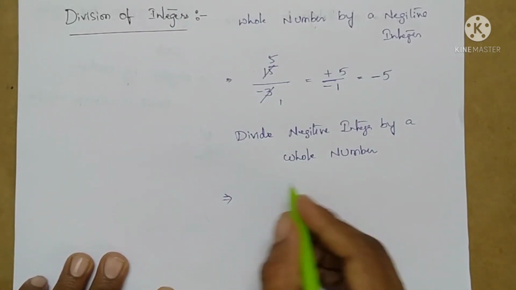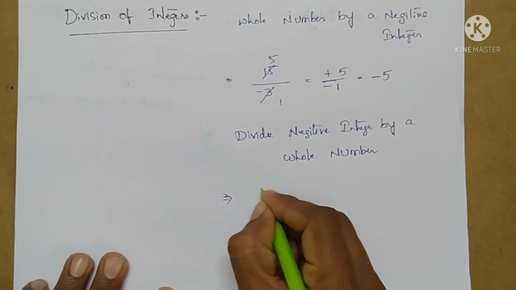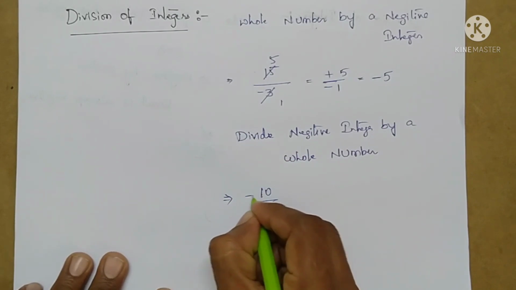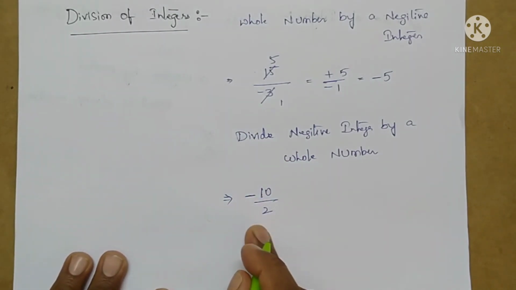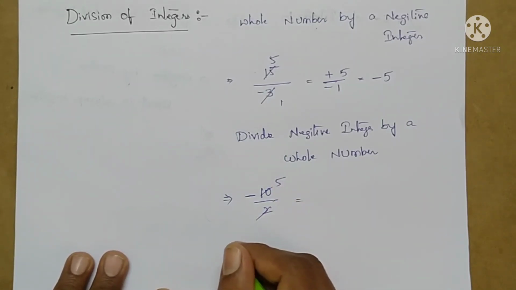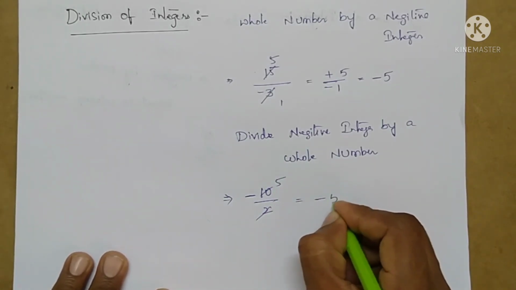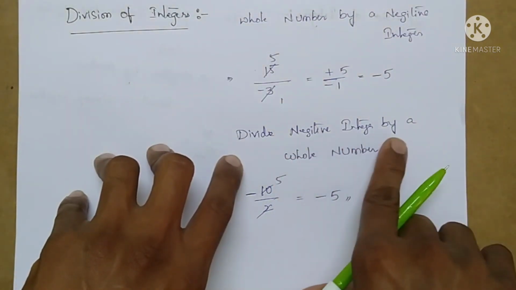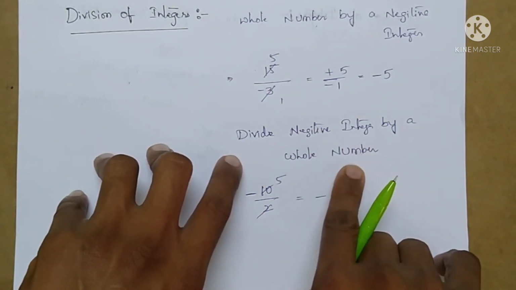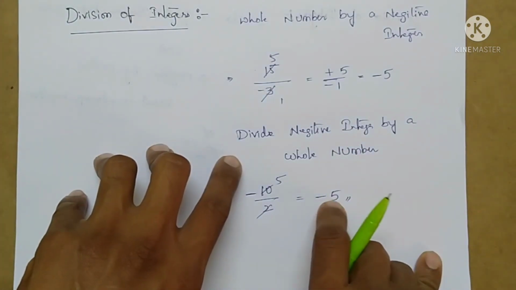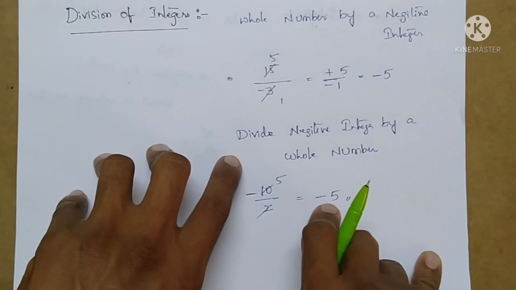Let us say -10 by 2. How many times? 2 5s are 10, right? So the result is a negative integer. When we divide a negative integer by a whole number, the resultant is always a negative integer.